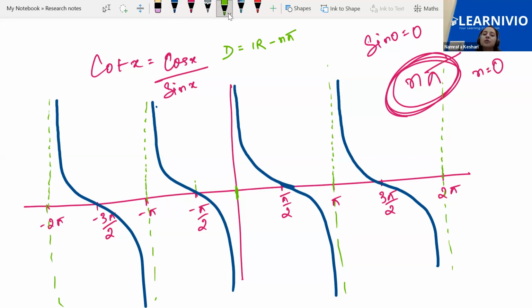We want to take all real numbers, but there are these dotted lines where the function is not at all defined. Can you see? Yes, ma'am. And what is the range? R. Because it is going, see, from minus infinity to plus infinity. The graph is moving till infinity in both directions. So of course the range is R.